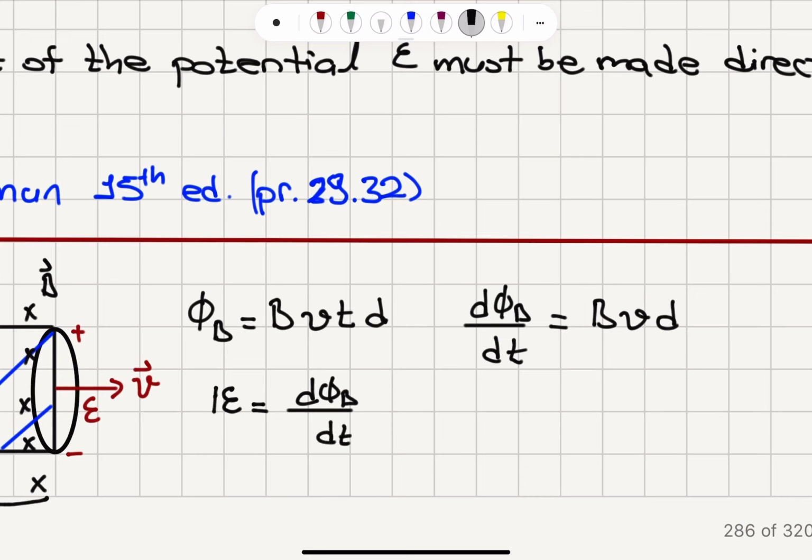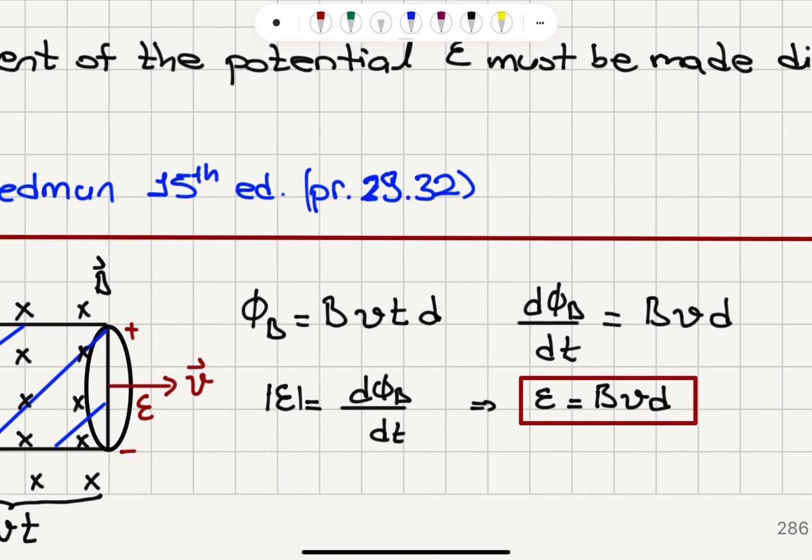this is the absolute value of the EMF, so we can see that the EMF that will develop here is BVD, and it's going to be such that positive charges will start accumulating on top and negative charges at the bottom, as you can see in this figure, and this is called motional electromotive force, EMF.